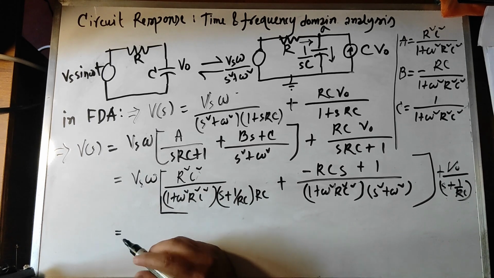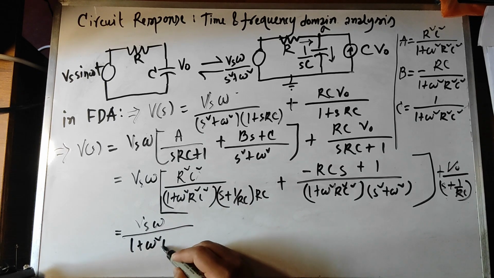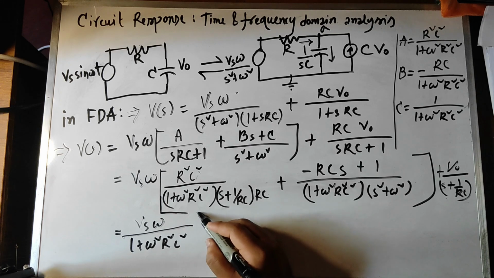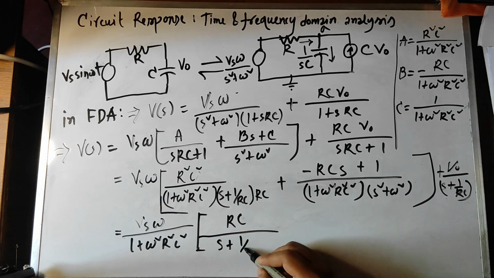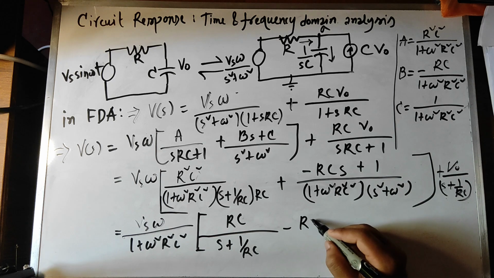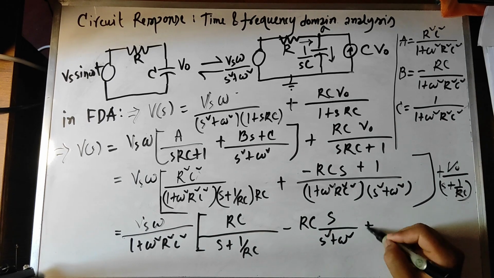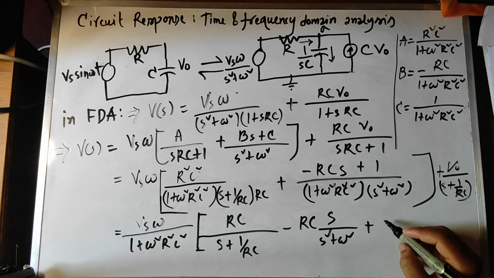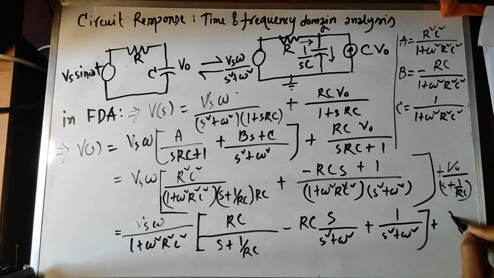So now let us take the common out. V is omega by 1 plus omega square r square c square, and this is rc by s plus 1 by rc minus rc by s square plus omega square, plus 1 by s square plus omega square, plus vo by s plus 1 by rc.